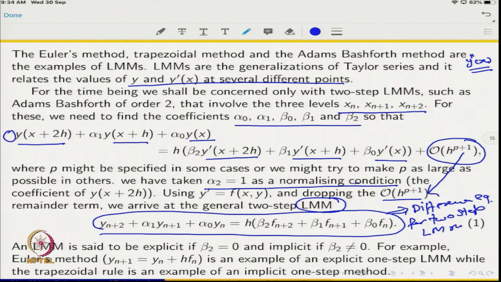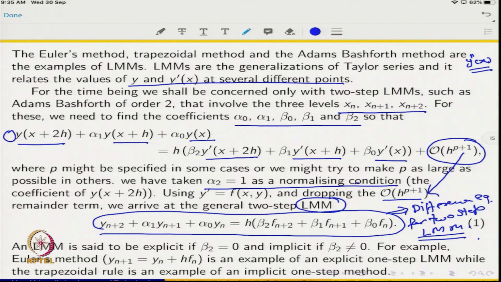Okay. So, if you observe this difference equation carefully, if I say beta 2 is 0, in that case this will be called an explicit method. The method corresponding to this difference equation will be called an explicit method if I choose beta 2 equal to 0, because then there is no term involving yn plus 2 on the right hand side.